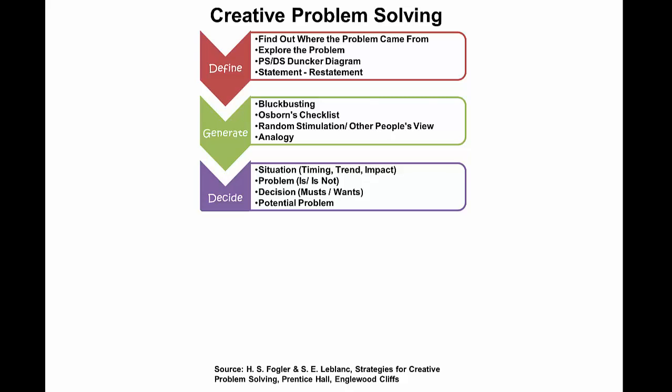And here we can think about whether it is really a problem or a semi-problem, something that will cause a problem later. So it will help in the decision that this problem must be solved now. And then we will decide at the end on the potential problem.